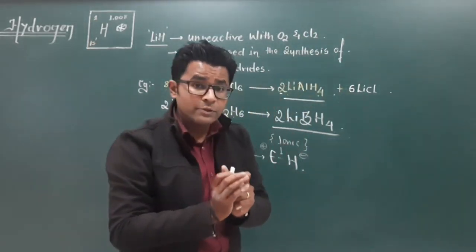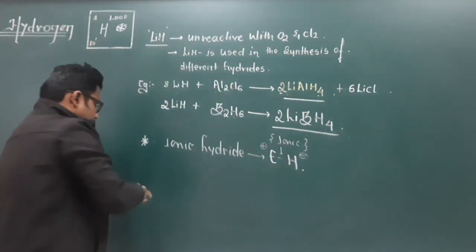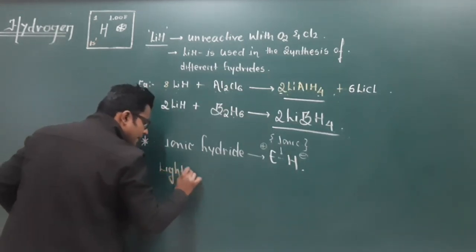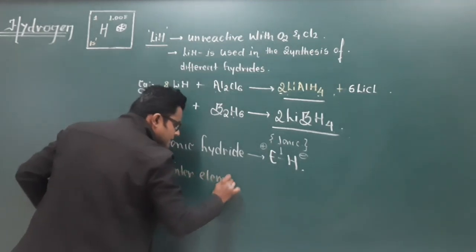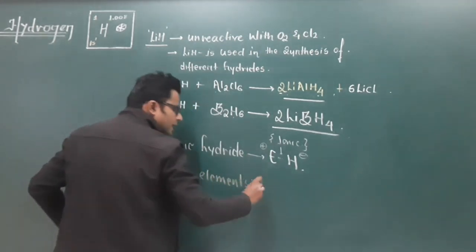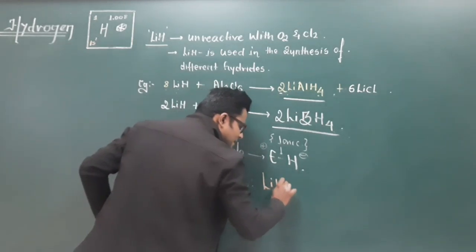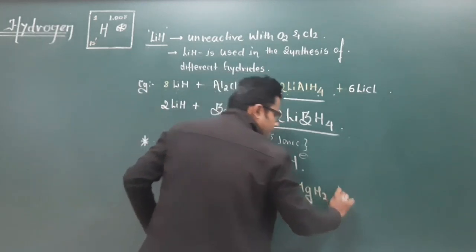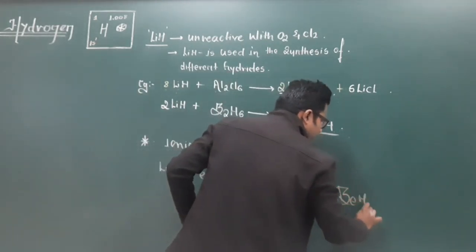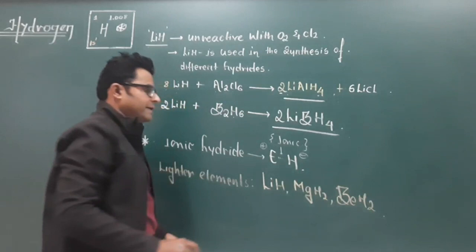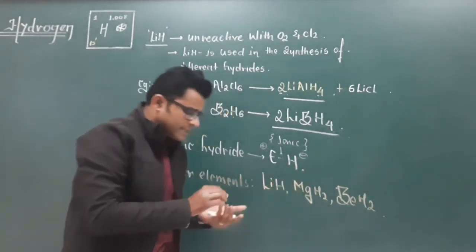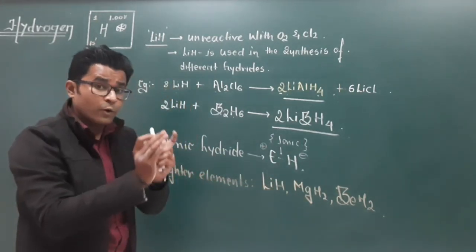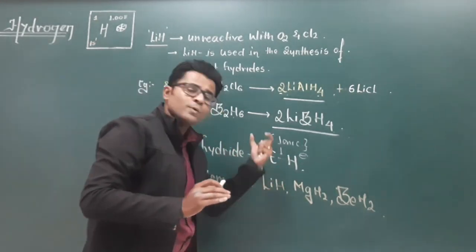When we take a look at the lighter elements, such as lithium hydride, magnesium hydride, beryllium hydride, in such cases a significant amount of covalent character is also observed between the two atoms.